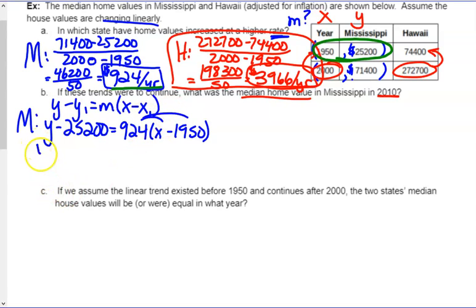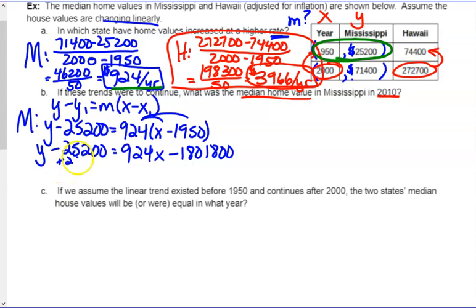So let's go ahead and distribute, because we're going to get y equals. So we're going to distribute 924 to get 924x minus, when you multiply 924 times 1950, you get 1,801,800. Okay? Now, we're one step away because I have to add this 25,200 to both sides.